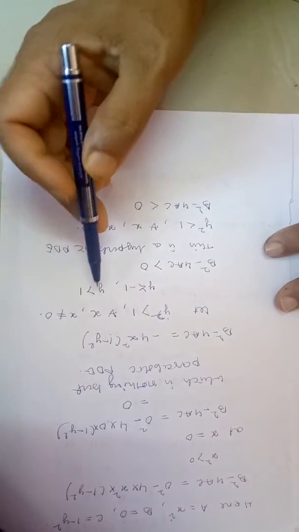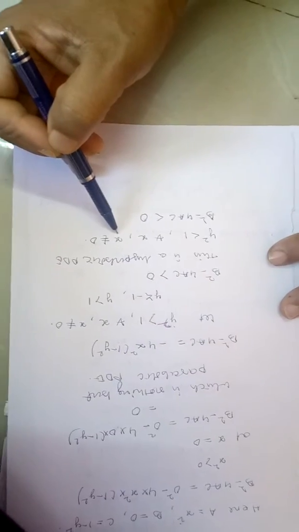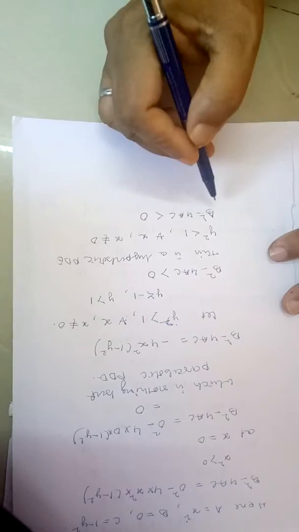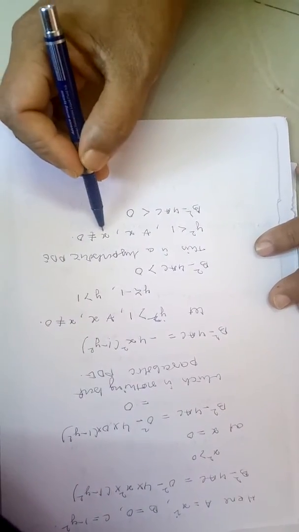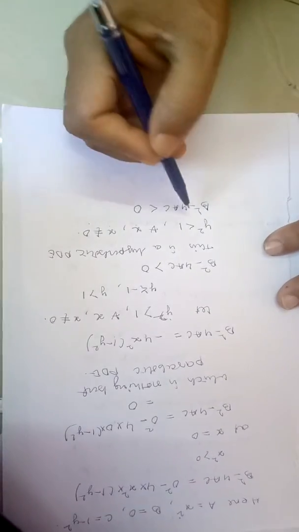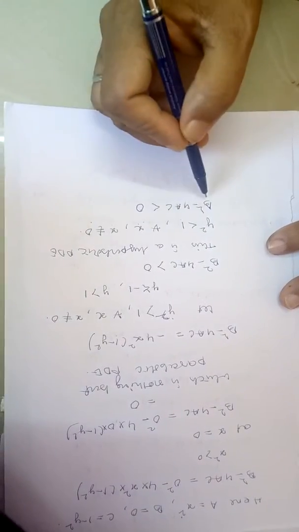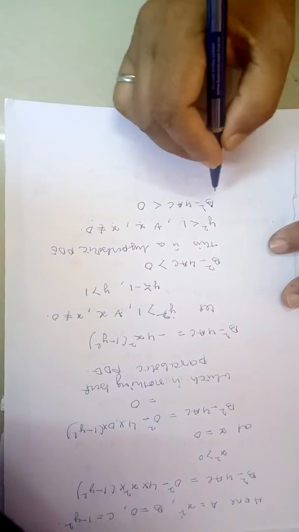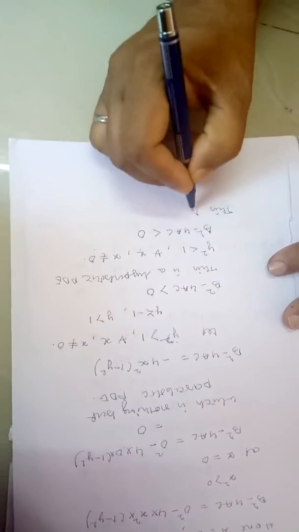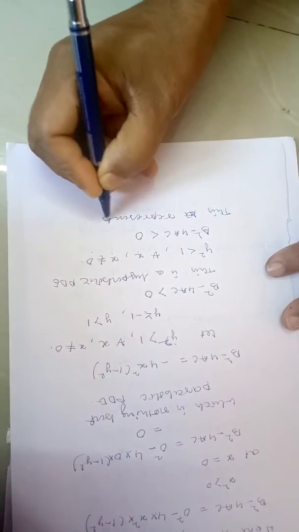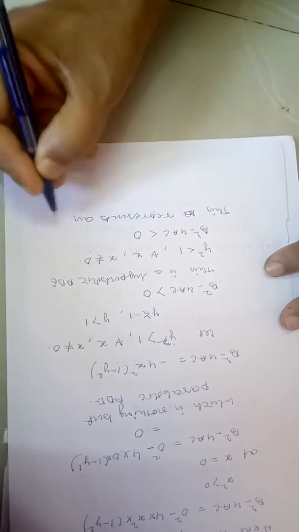We are considering only the nature of y, but one restriction we are putting on x, that is x should not be 0. So for any value of x except x equal to 0, if y square is less than 1, b square minus 4ac will be less than 0, and this represents an elliptic PDE.